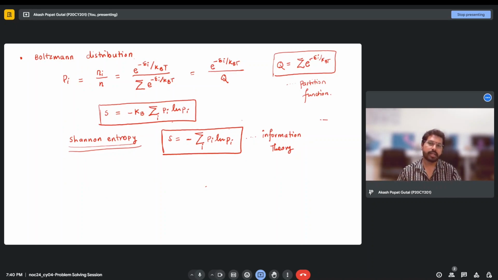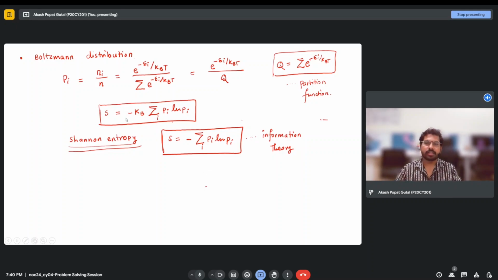We defined the entropy using the probabilities, S is equal to minus k_B summation of p_i ln p_i. And we defined the information entropy, Shannon entropy, which is without k_B. This negative sign is also termed negative entropy.